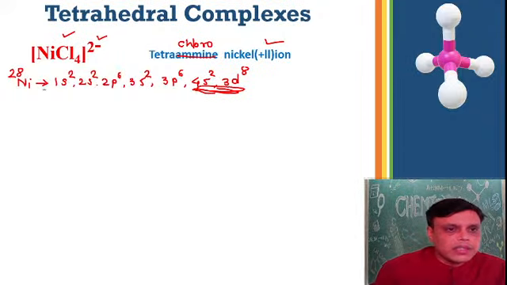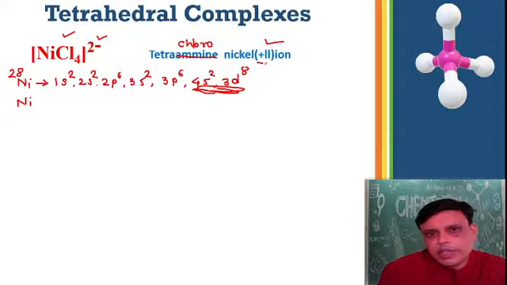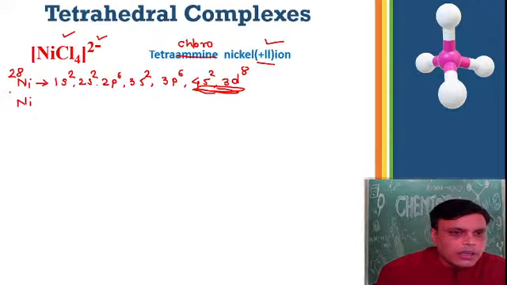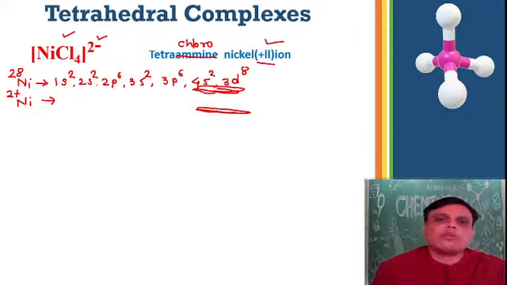Now here oxidation state of nickel is +2. I have shown here oxidation state of nickel is +2. So write down the electronic configuration of nickel in +2. Or you can tell me the valence shell electronic configuration of nickel 2 plus ion.